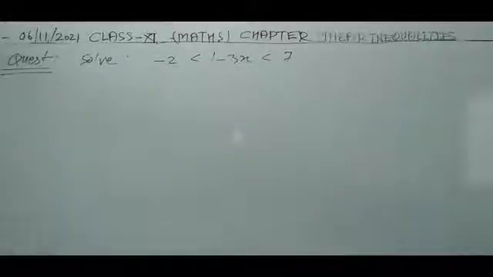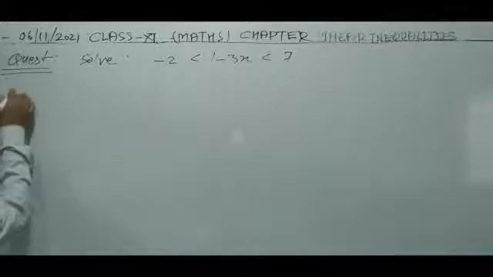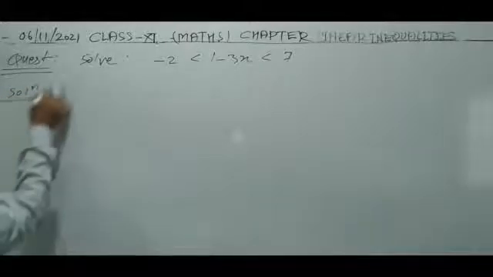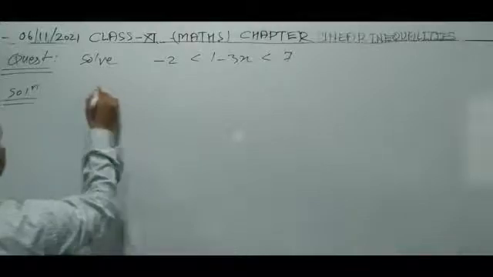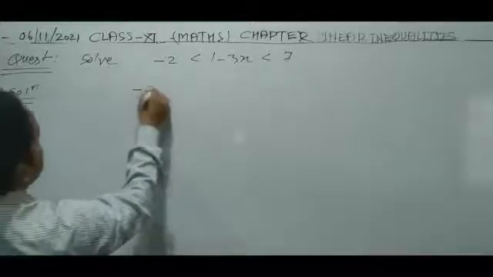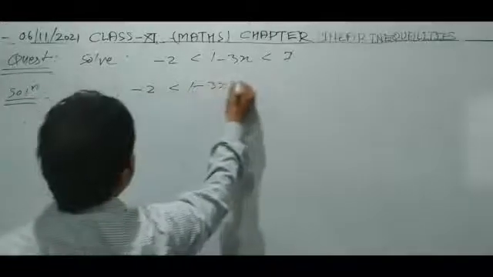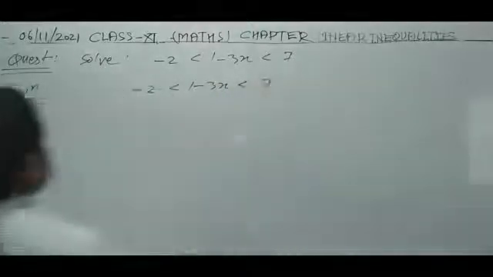This inequality we have to solve. Now see, the solution: the given inequality is minus 2 is less than 1 minus 3x is less than 7.